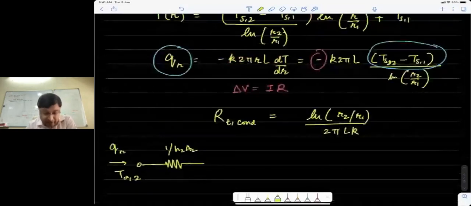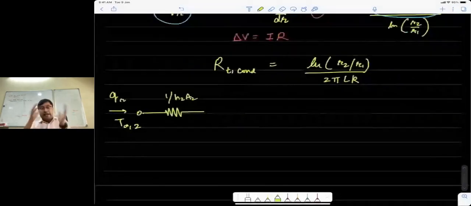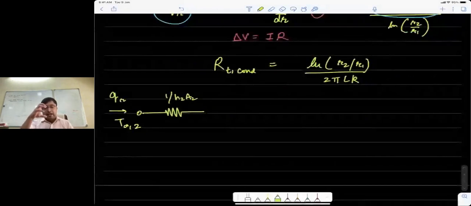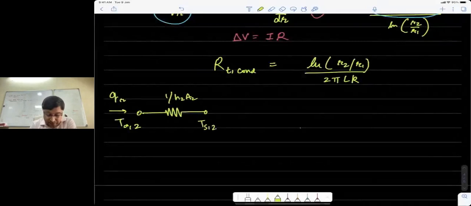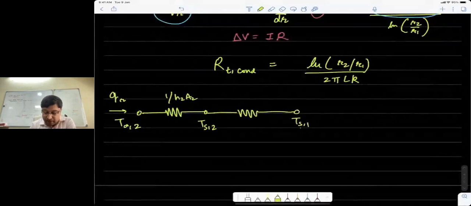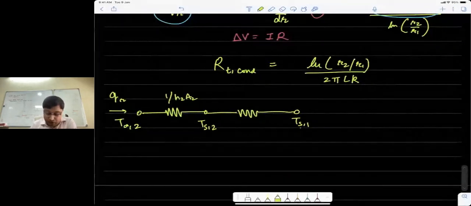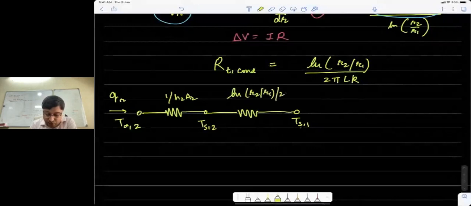This is a very key aspect, that this is a radial system. So area for heat flow inside is smaller as compared to area outside. So it is not h2 A or some undefined area. It is the area through which heat is flowing. So it's h2 A2. Then we get to TS2. From TS2 to TS1, we have heat conduction, whose resistance we just wrote is ln R2 by R1 divided by 2 pi L k.